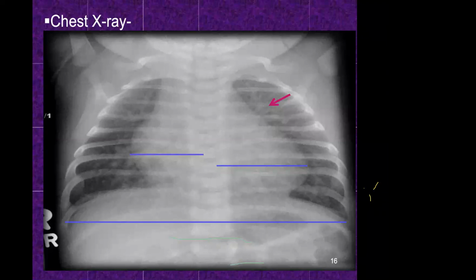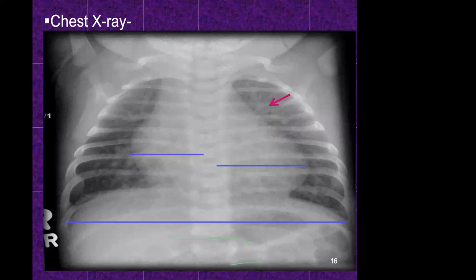What about the pulmonary vascular markings? Don't you think they are more prominent? The patient is going to need some diuresis as well. So the good thing is cardiomegaly, definitely the RA is enlarged and the RV is also enlarged, and there are prominent pulmonary vascular markings.